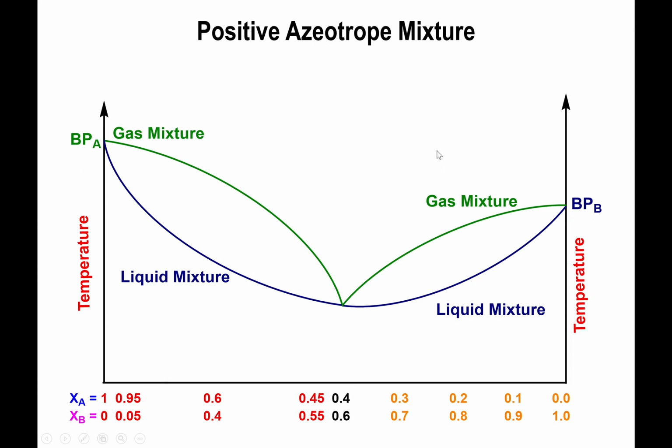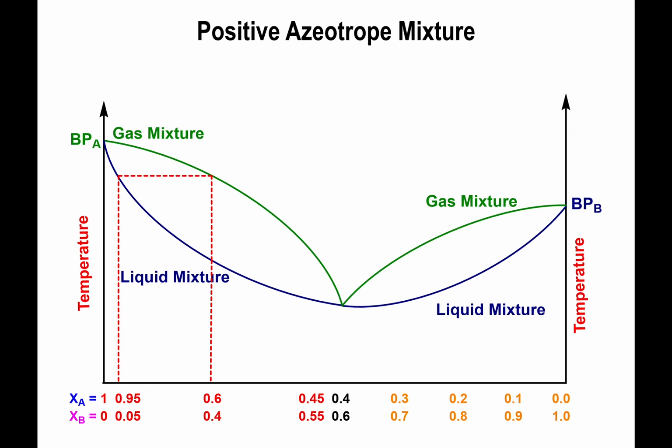So whereas in your regular fractional distillation, you can get 100% A and 100% B, here, you could potentially get pure A, but you will not get pure B. Or you could get pure B but not pure A, depending where you start on this diagram.